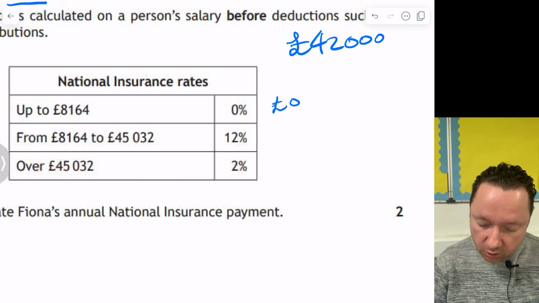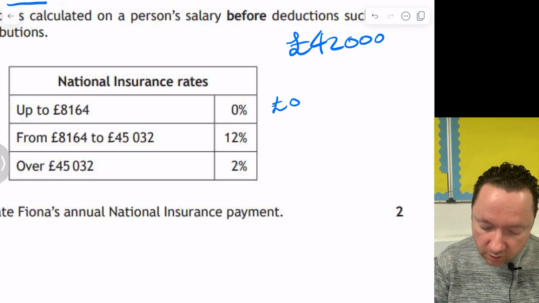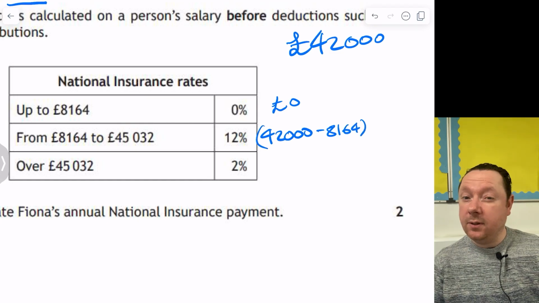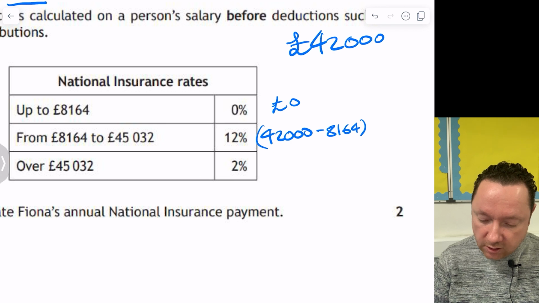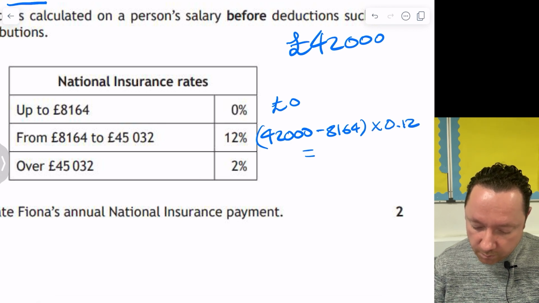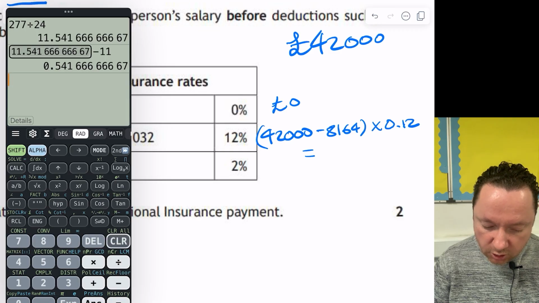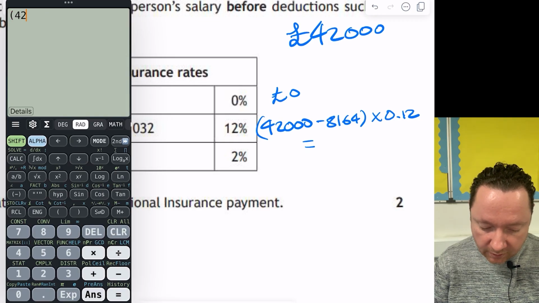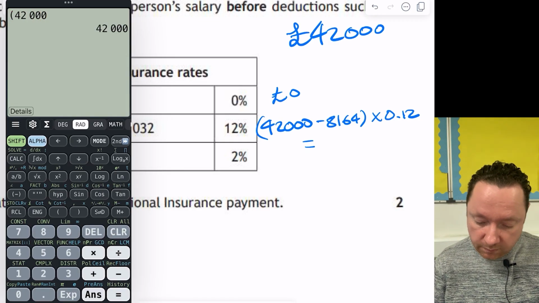So the sum I'm going to do is 42,000 minus 8164, get the answer, and then I'm going to work out 12%. So you can times by 12 and divide by 100, or you can use a sneaky way, 0.12, and that's much simpler. Notice I'm using brackets, full potential, so I can just do it in one go, or you can take your time and do it in small stages.